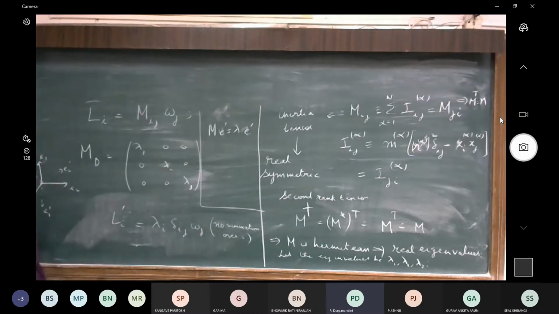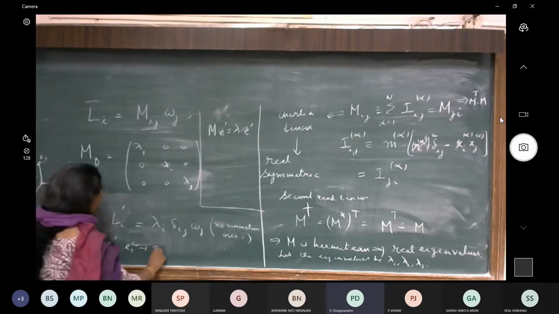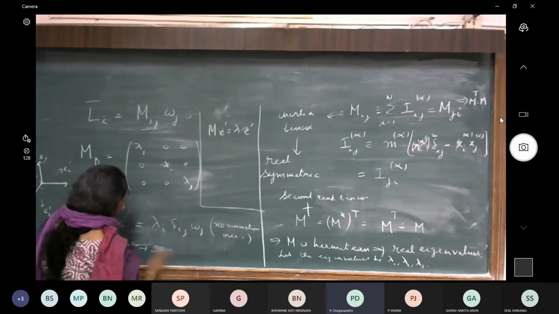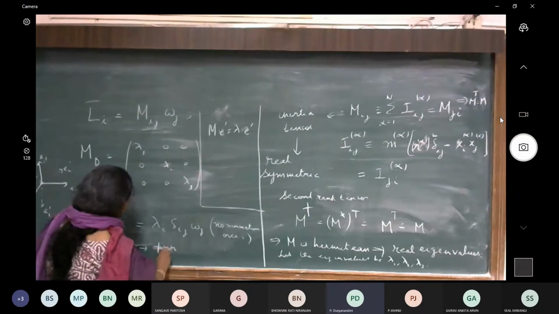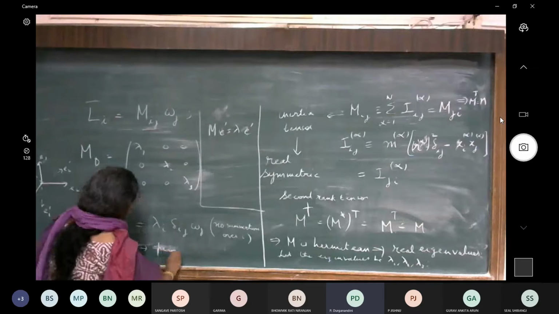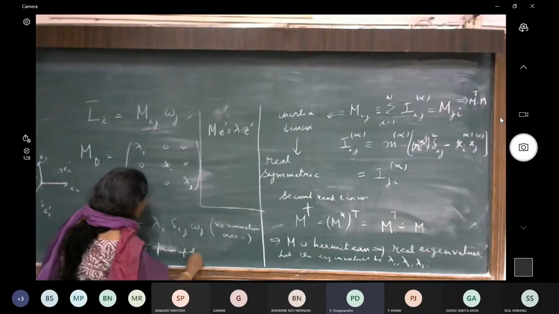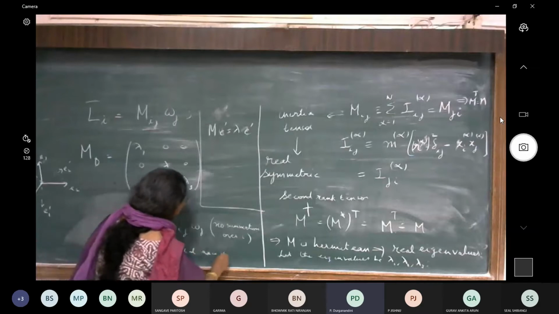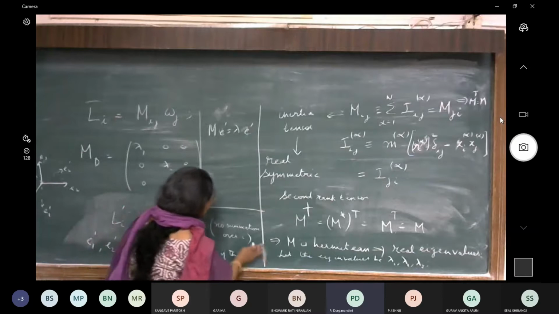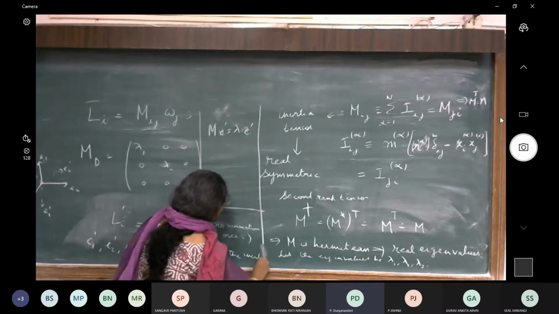So the e1 prime, e2 prime, e3 prime axes are called the principal axes of the inertial basis.